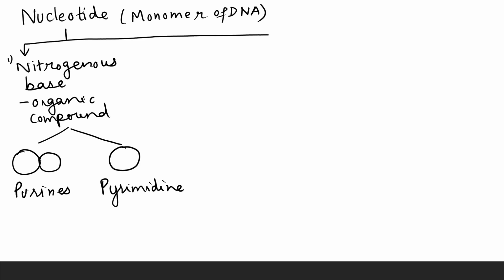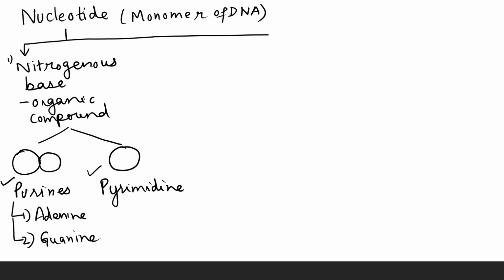So further, nitrogenous bases are of two types, right? If it is a carbon nitrogen two rings, then it is known as purines, and if it is made up of one ring, it is known as pyrimidine, right? So this is a pyrimidine. Further, purines are of two types, that is adenine, and second one is guanine, right?